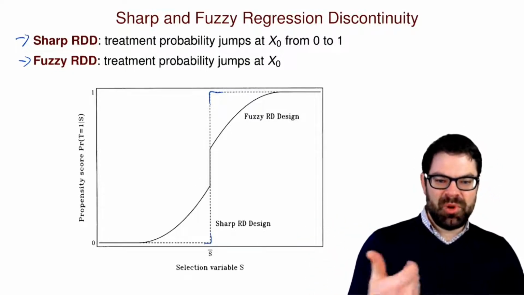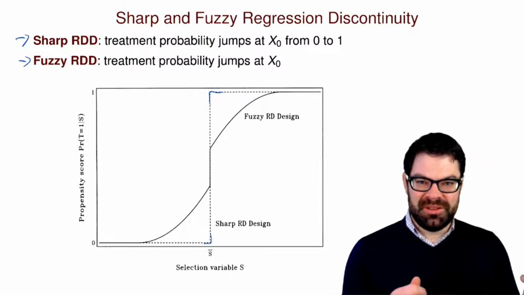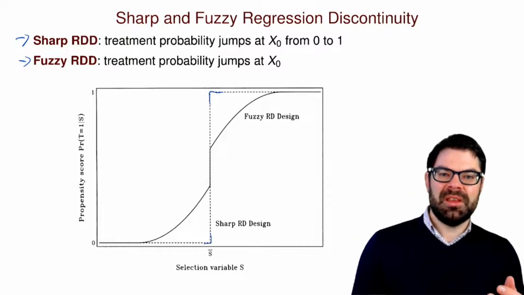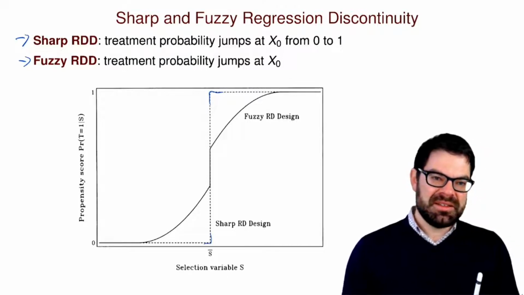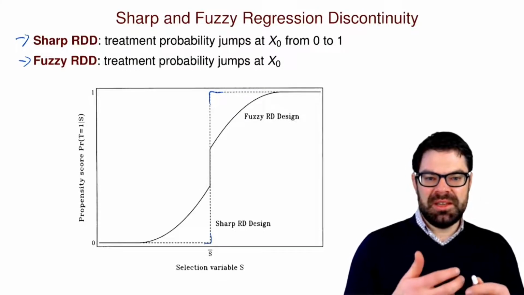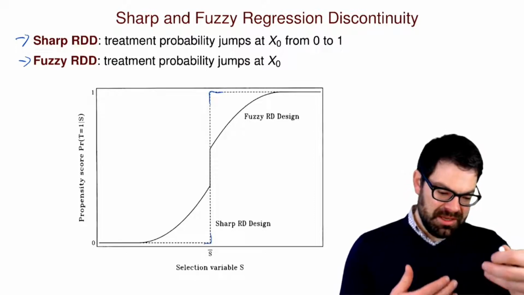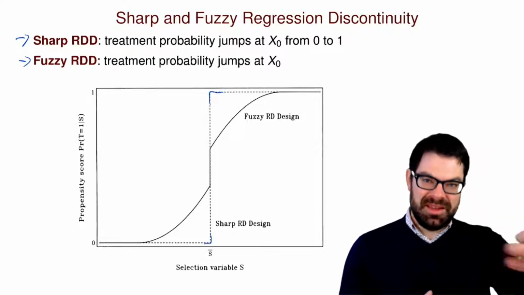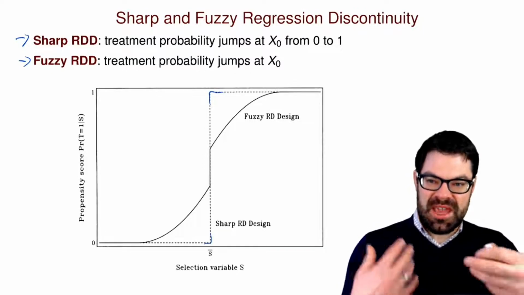So the treatment probability jumps, but it doesn't jump from 0 to 1. It's just that the likelihood of getting treated is increased. So basically, crossing the threshold is as if your instrument jumps from 0 to 1. But then whether people actually take the treatment, all that we need is that the people who were encouraged to take the treatment by the instrument, by crossing the threshold, have a higher likelihood of taking the treatment.